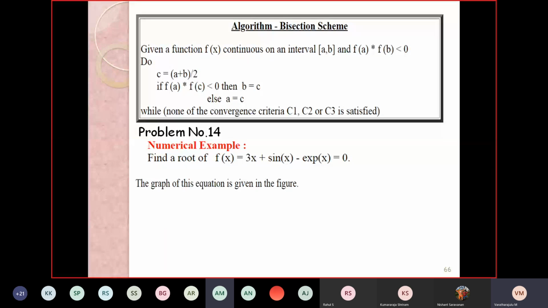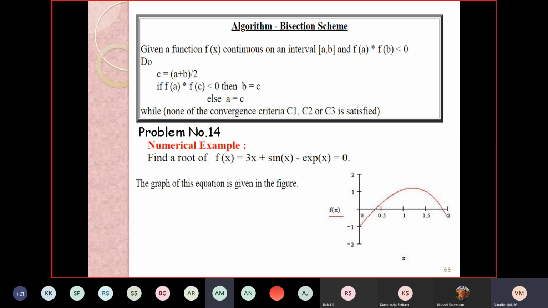The initial guesses can be assumed as per our wish, but we have taken ones where we are already well aware of the solution zone. Else you can give your own guess. Let your a be 0 and b be 1.